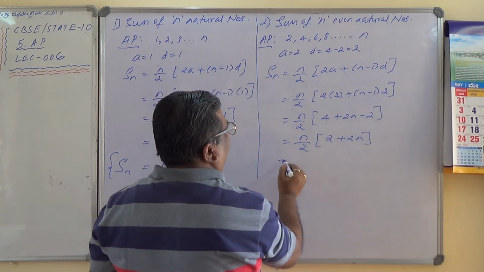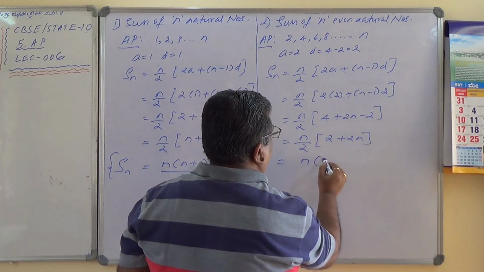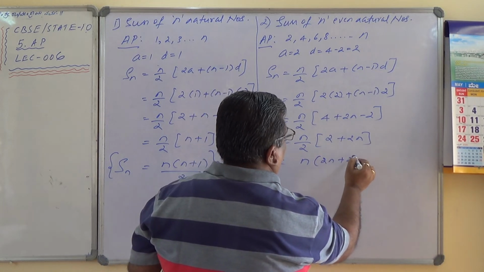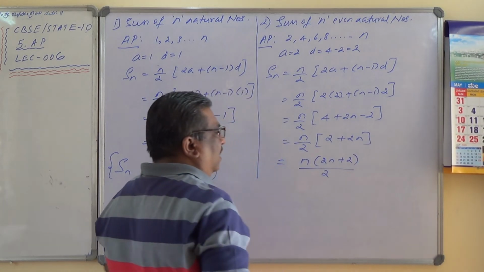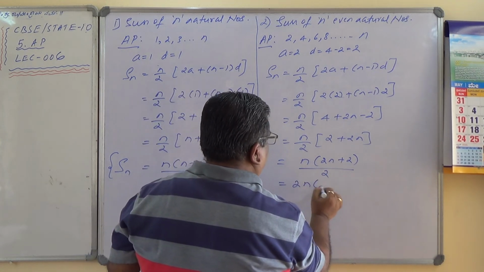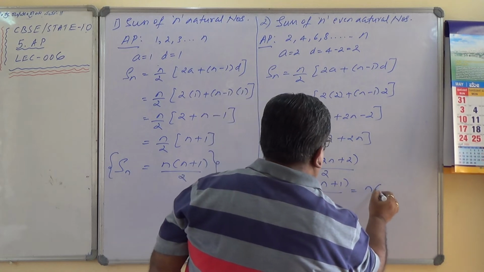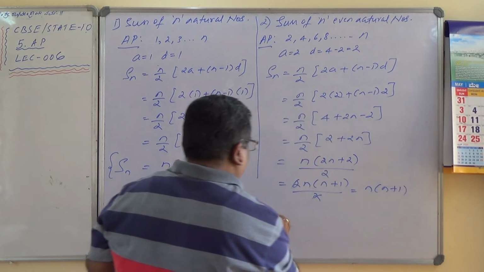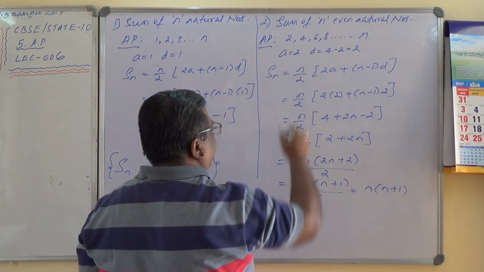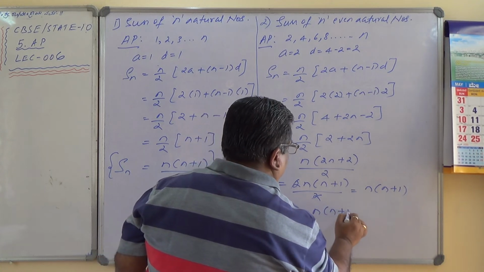Now this is written as n times 2n plus 2 the whole divided by 2. Now I'll take 2 common here. 2 cancels, n into n plus 1, and therefore the sum of first n even natural numbers is given by Sn equals n times n plus 1.